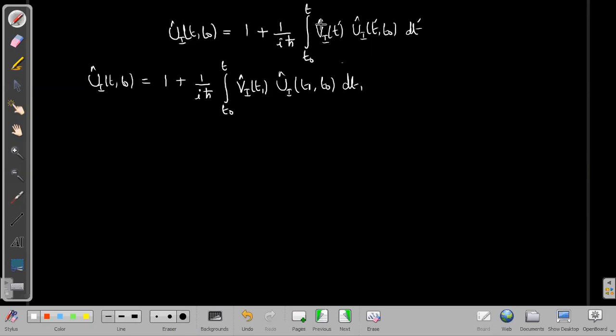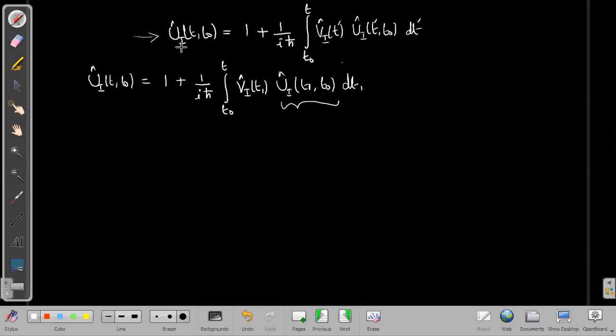So we have UI here. The UI equation I can write now, but that UI is already present on the right side. So what you can do is substitute the expression for UI(t1, t0) from this equation here.